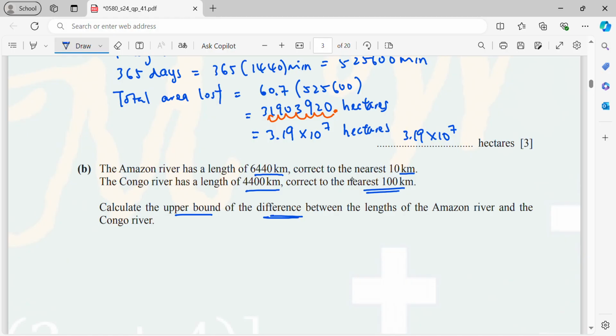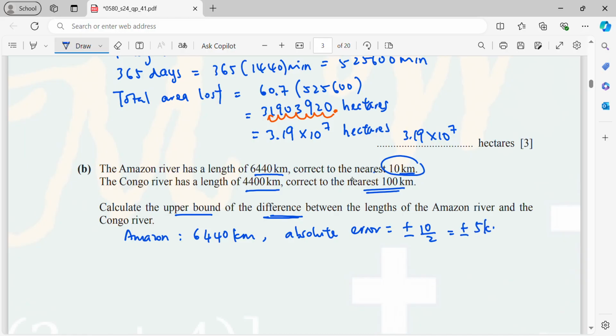Okay, so now for Amazon, it is given 6440 kilometers. Then now I need to find out the absolute error because it's nearest 10 kilometers. So absolute error is basically plus minus whatever value it is nearest to, then you just divide by 2. So that means it will be an absolute error of 5 kilometers.